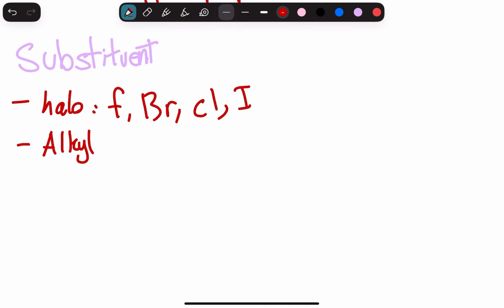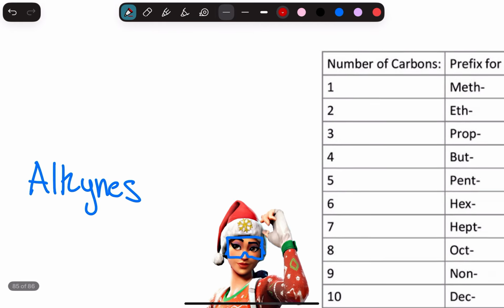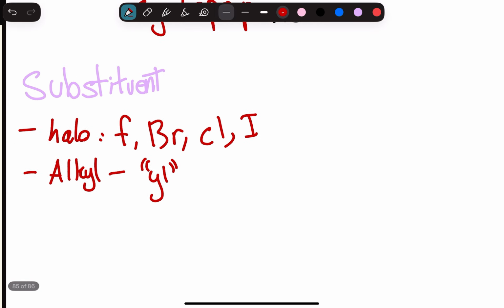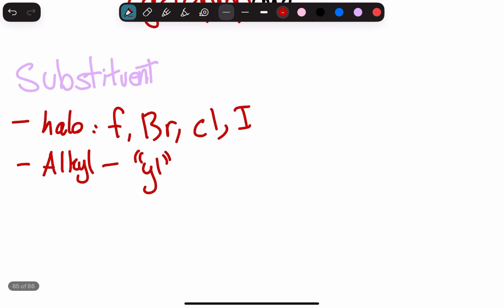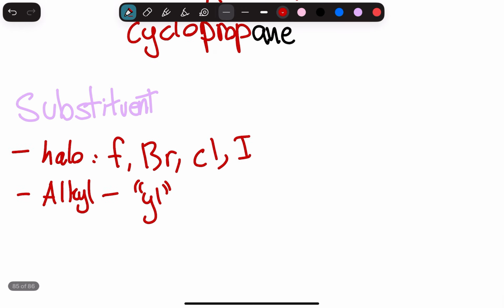And then our alkyl groups are going to be very simple. They're just going to be the number of carbon atoms with the ending -yl. So it's just how many carbon atoms we have, find the prefix, and then add -yl to the end. That's it. We'll do more examples with it. So these are the substituents that we could have: halo substituents or alkyl substituents.